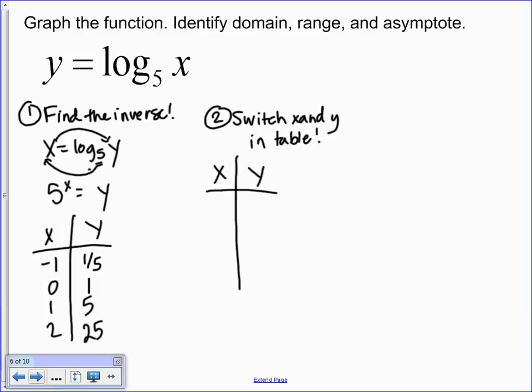So all my x's become y's. All my y's become x's. Those are the points I'll graph. I switched it out of log form to easily make a table. I got to switch the table back to log by switching x and y.